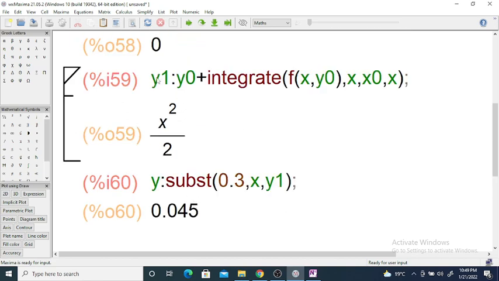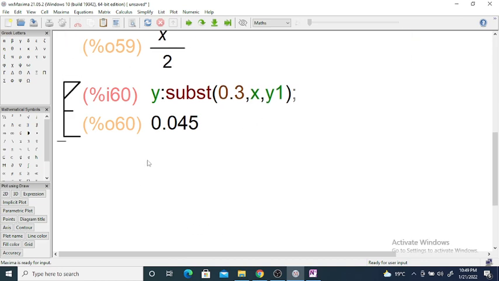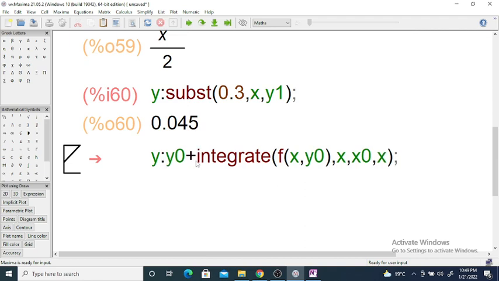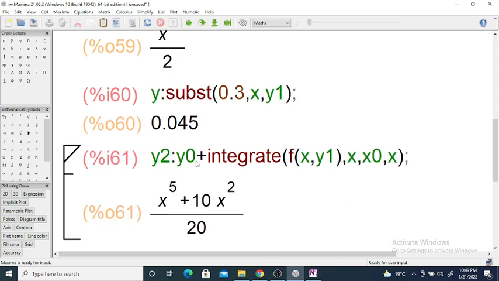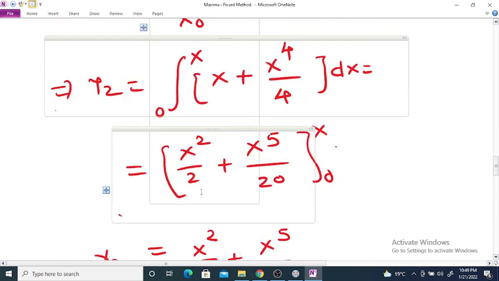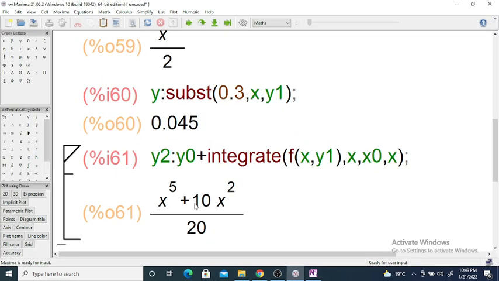Now for the second iteration, I am going to copy this, Control C, Control V. Now y2 is equal to y0 plus integrate f of x y, and instead of y0 now write y1. If you enter, it is x raised to 5 plus 10x square divided by 20. So this is the same as here: x square by 2 plus x raised to 5 by 20, which is the same as x raised to 5 plus 10x square by 20.